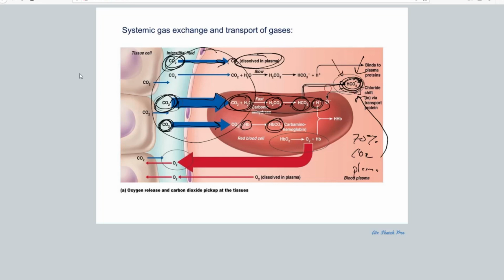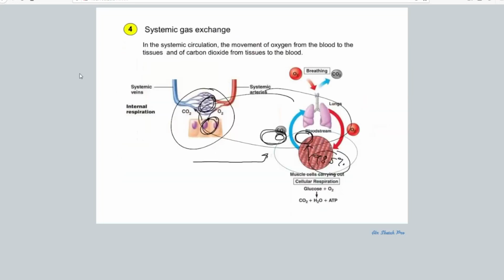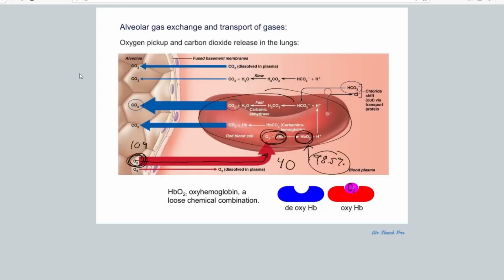Now what happens when we get to the lungs? Because when we get to the lungs, we need to take this carbon dioxide and drop it back off. Well, how does that happen? So when we get to the lungs, this bicarbonate moves back into the red blood cell, and it basically goes through this equation in reverse. It combines with hydrogen ions to form carbonic acid.